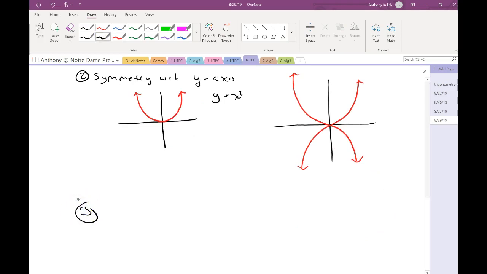The last type, which you might be going, you did x and you did y, what are you going to do now? Well, this one has kind of a long name. It's 180 degree point symmetry with respect to the origin.